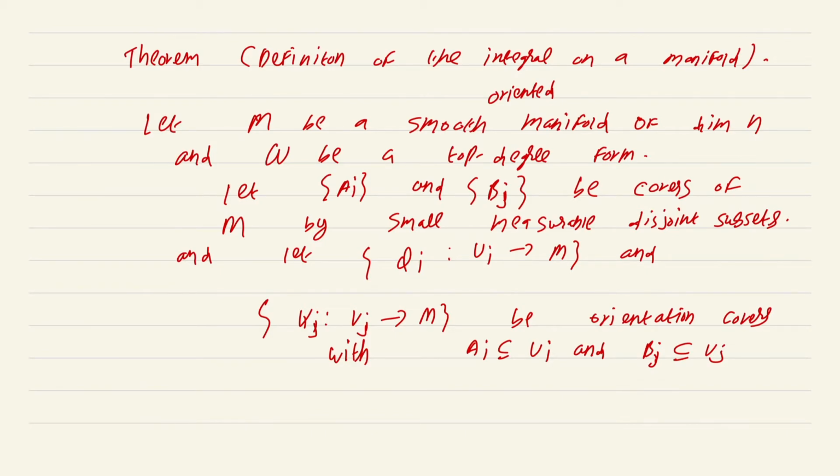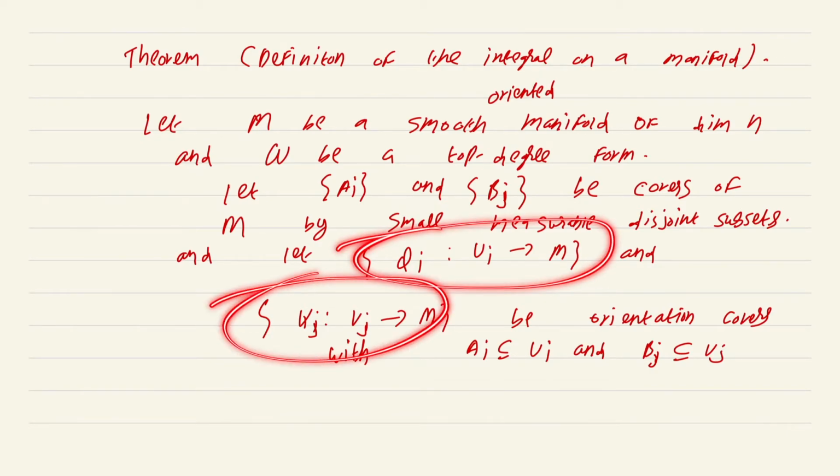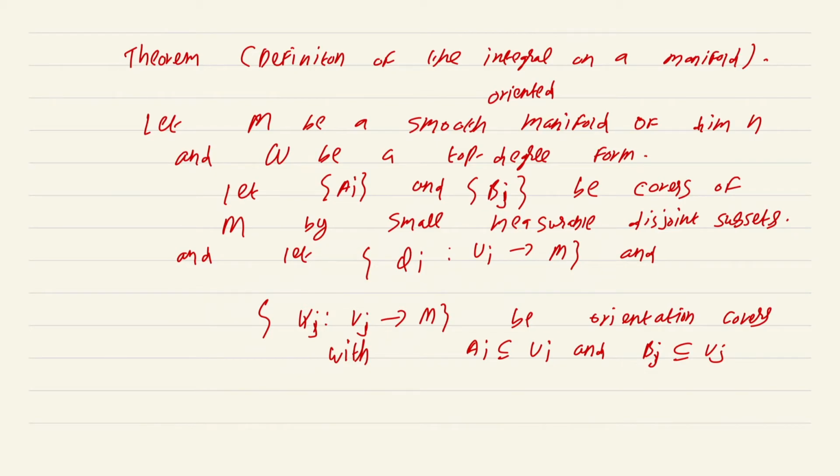Now, the fact is that if you are given these covers A_i and B_j by small measurable disjoint sets, then you automatically get orientation covers phi_i and psi_j such that this happens. One second, I have made a slight mistake.